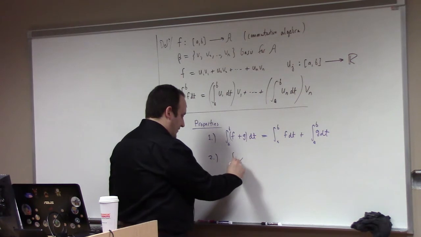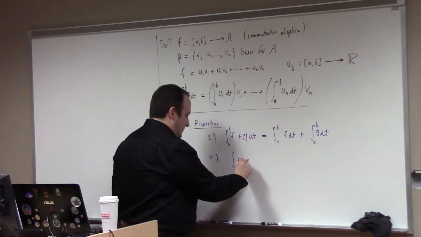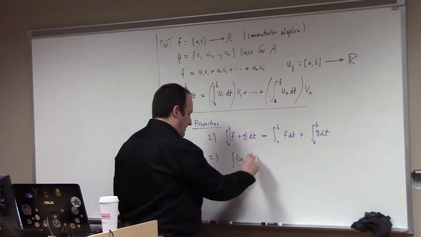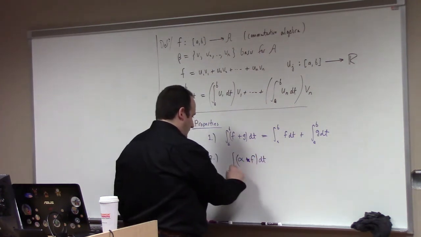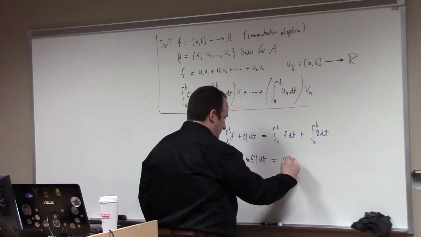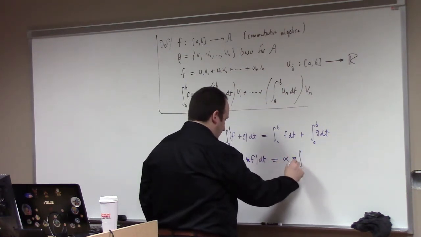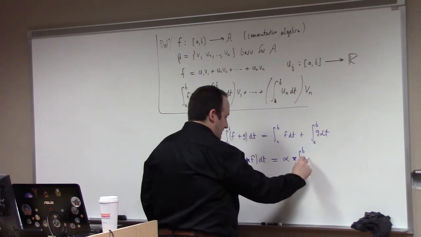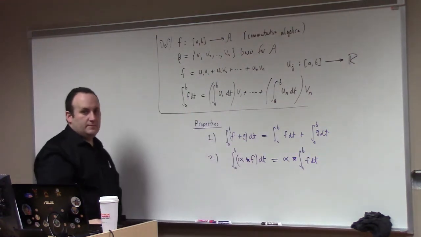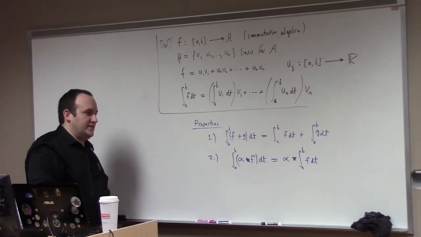If we have the integral of a constant alpha times f in the algebra, right? Well, then we can pull that constant algebra multiplication out of the integral like that. In the complex case, this is also true and interesting.